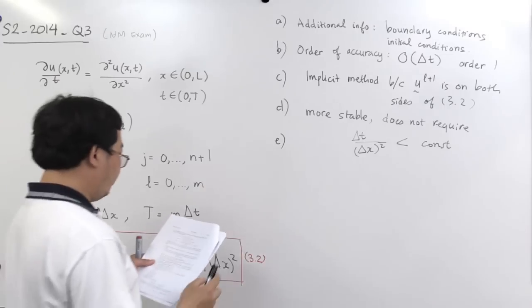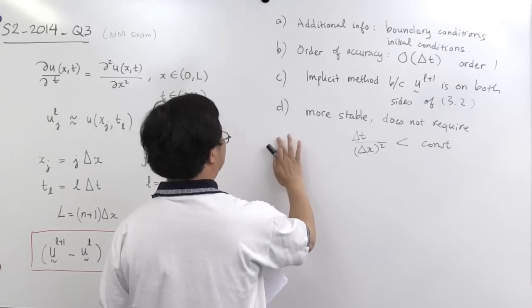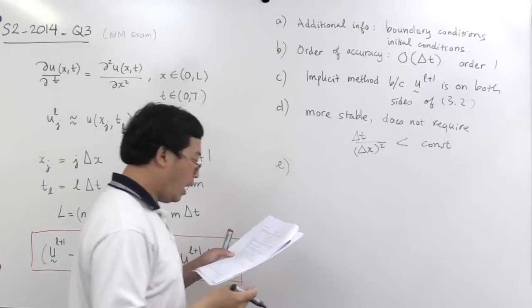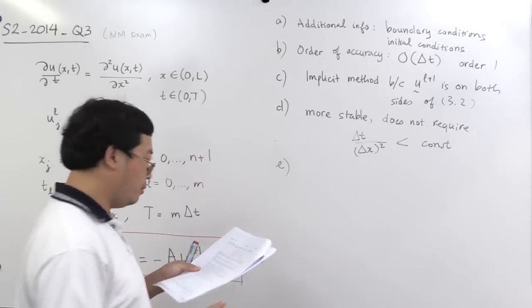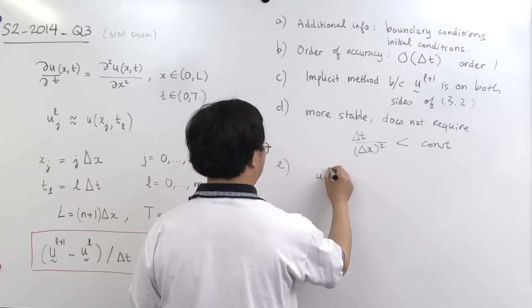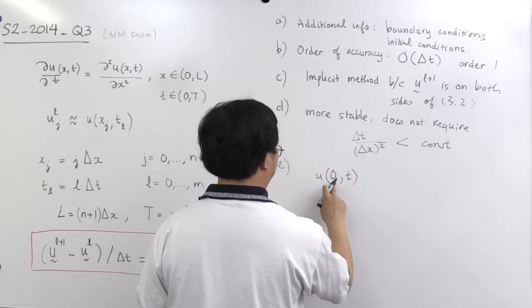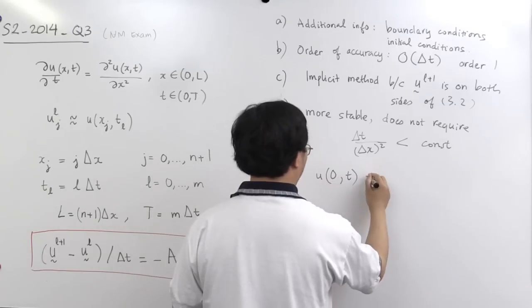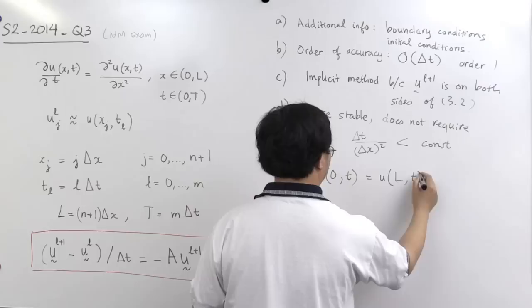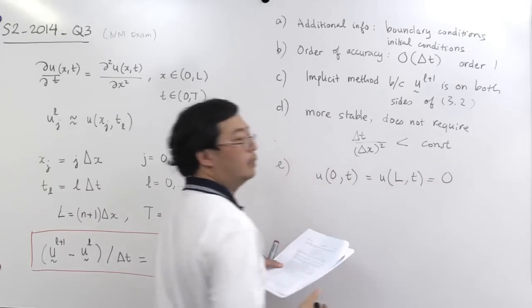Okay, so now we move to question E. So question E, now you are given the boundary condition. So boundary condition is U at 0 and U at capital L, t equals 0. Okay.